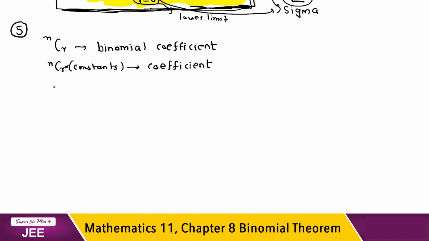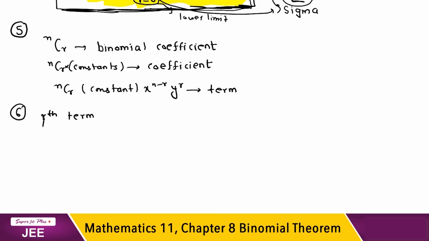It is not an observation, in fact it is an important point, that nCr will be called the binomial coefficient. nCr along with some constants will be called the coefficient, and nCr along with some constant and x raised to the power n minus r, y raised to the power r, will be called the term. Which term? The general term.